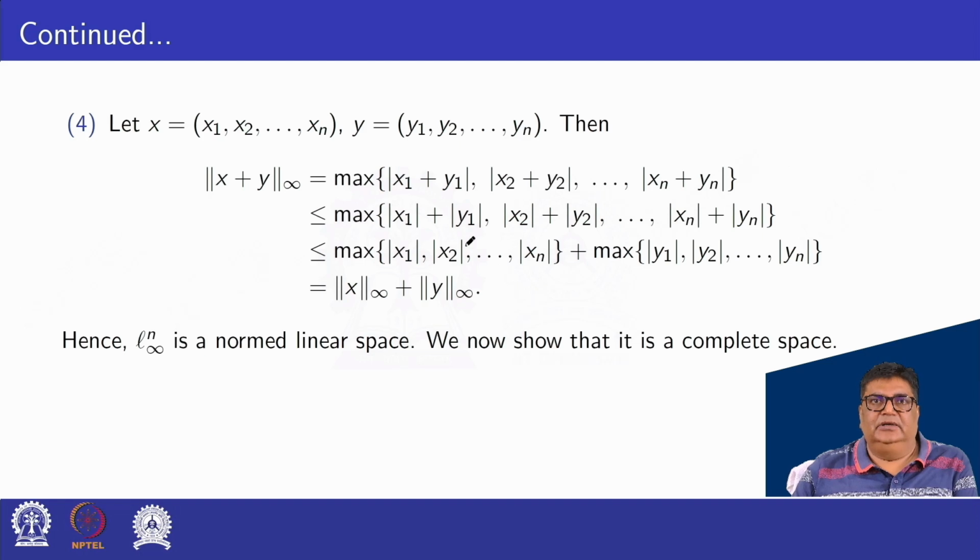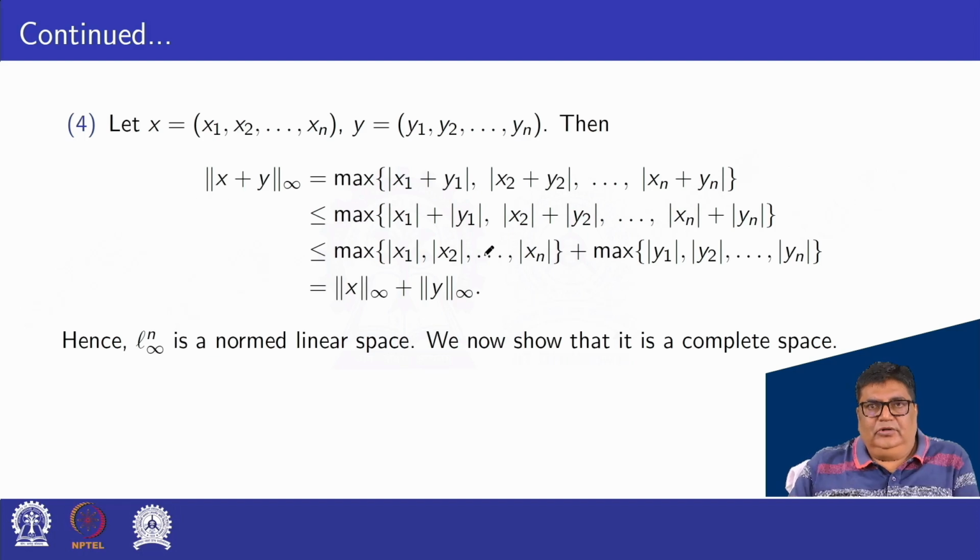That is, in a combined way we can write less or equal to max of |x1| + |y1|, |x2| + |y2| and so on |xn| + |yn|. This can be written as the max value of |x1|, |x2|, |xn| plus the max value of |y1|, |y2|, |yn|.